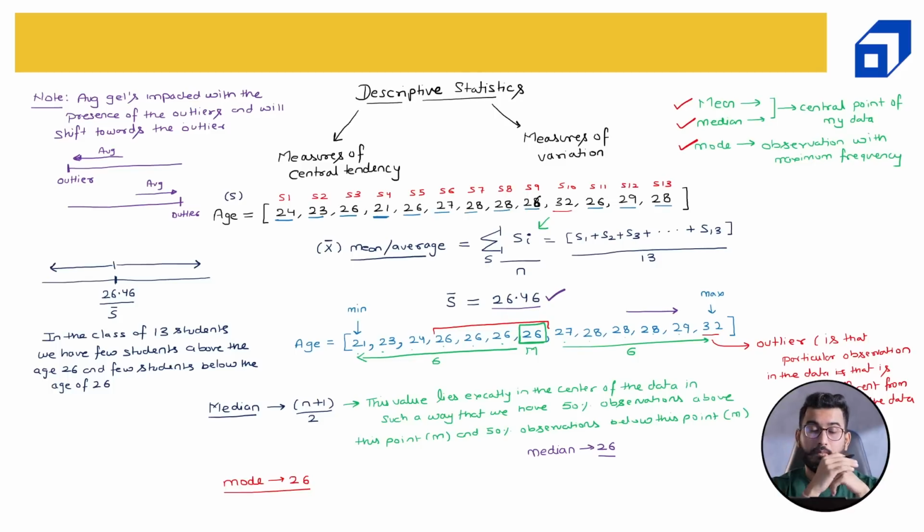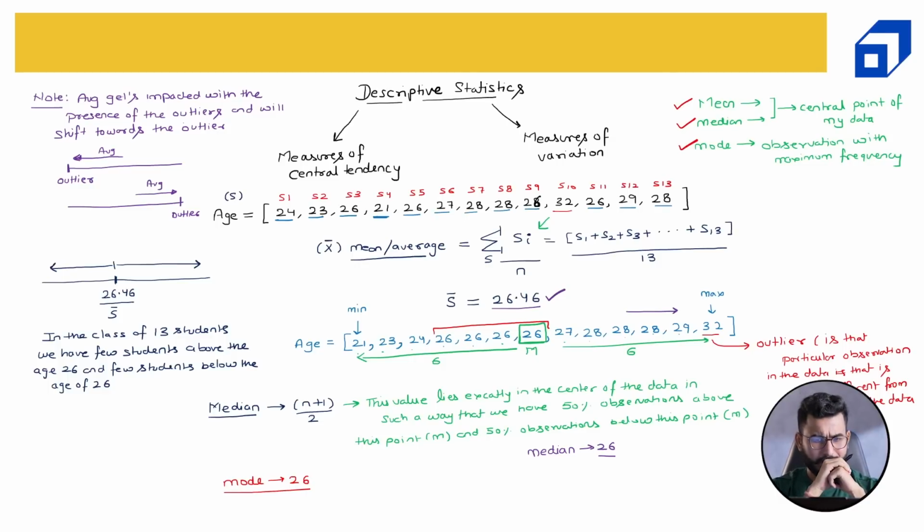If I tell my principal that the median is 26 with a total number of students being 13, then the principal will be able to do a little bit of math and understand that okay, we have 6 students below 26, 6 students above 26. So I hope you guys are clear with measures of central tendency, but there is a problem.